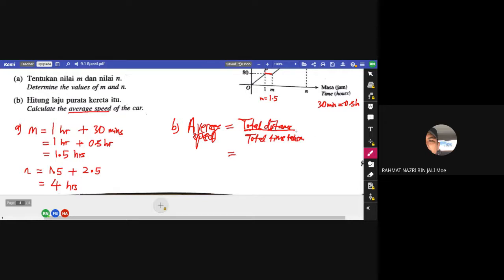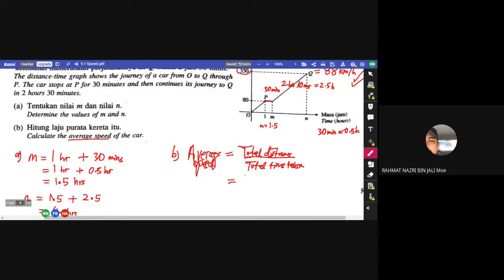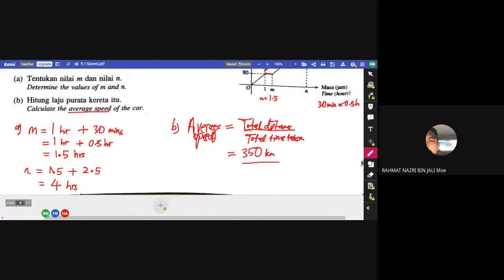Okay, the total distance travelled, we refer to the graph. The last mark here, which is shown at the Q here, is presenting the total distance. So 350 in kilometer. The total time taken, we start from zero to the last point, or we just take the value of N, which is 4 hours just now.